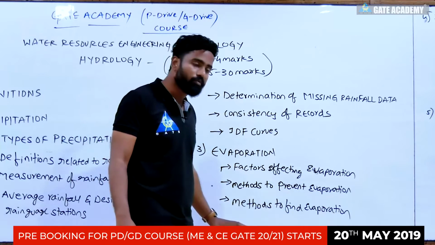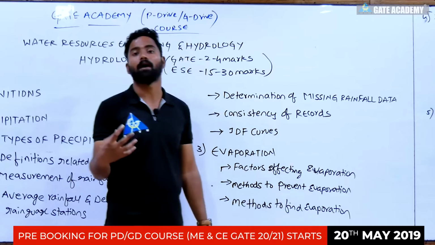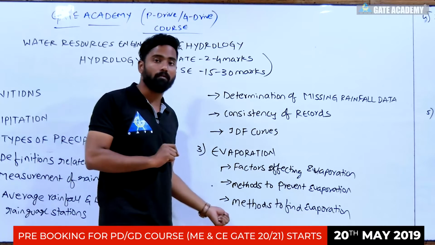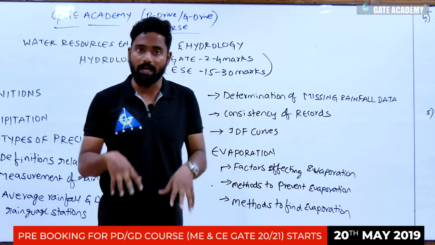And then methods to find evaporation, here the pan evaporation technique. Here this could be a problematic question. In pan evaporation, there is the Class A pan, the Colorado sunken pan, and the ISI pan.